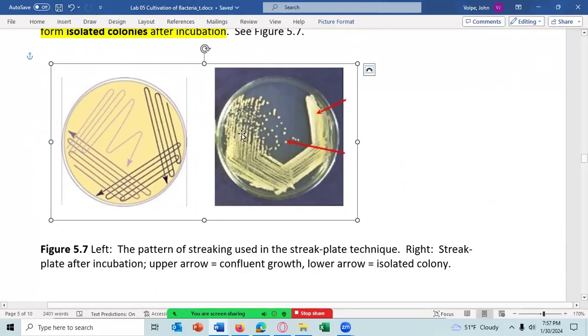All right. So when you streak, you normally sterilize your loop at the beginning and then pick up your cells from your stock culture and then streak out sector 1. You then take your loop and put it in the bacterial incinerator to get it red hot and then cool it and then do streak 2 and then sterilize your loop and do streak 3 or sector 3.